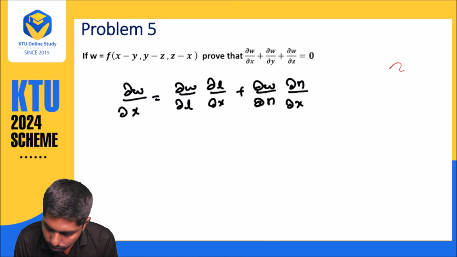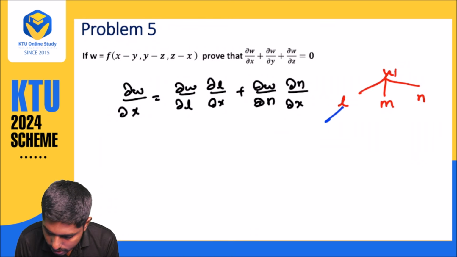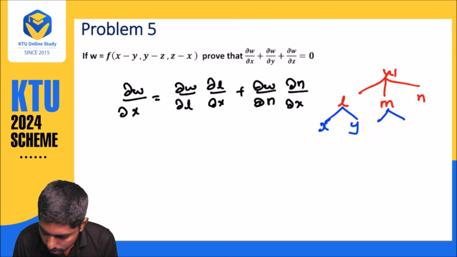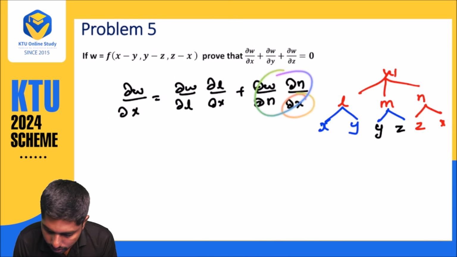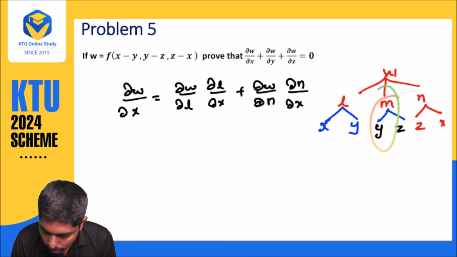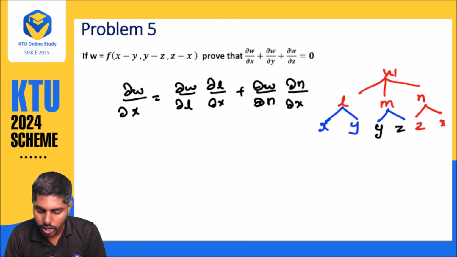The reason is that w is depending upon l, m and n, where l depends on x and y, m depends on y and z, and n depends on z and x. So we are not taking the m term, because m is not depending upon x.